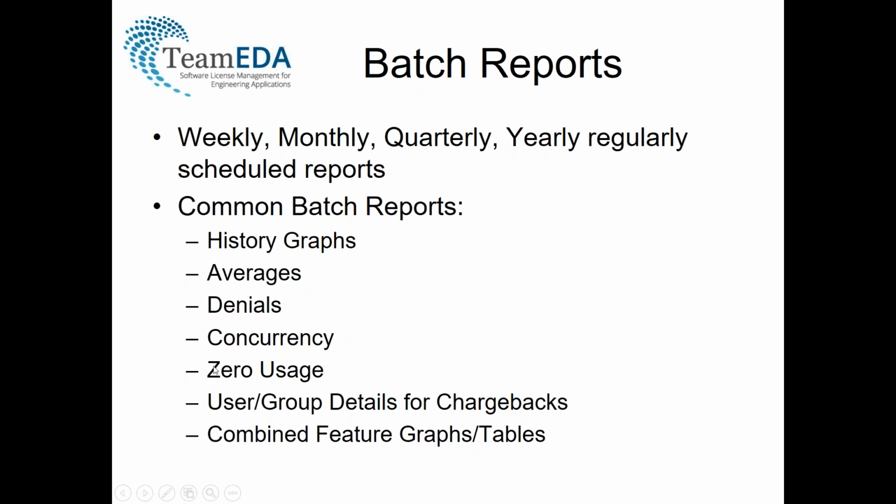Concurrent use reports, zero usage. This is a very good batch report to get perhaps quarterly. So every 90 days you get a list of all the features that were not used in the last 90 days. If you're doing chargebacks on a monthly basis or a quarterly basis, these would make ideal batch reports.